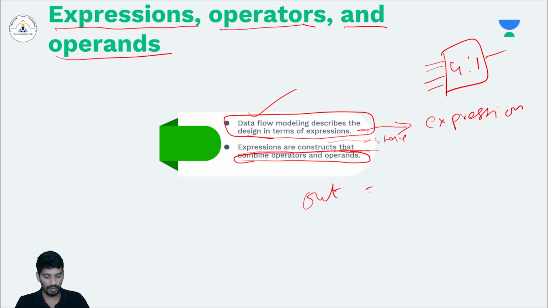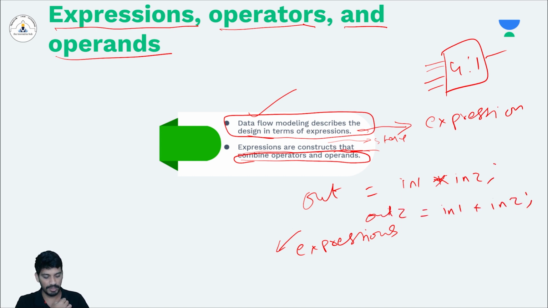Whatever we have been doing till now is an expression for output. Let's say in1 into in2. So this is an expression, or you can write out2 is equal to in1 plus in2. This is also an expression. It is using operators.